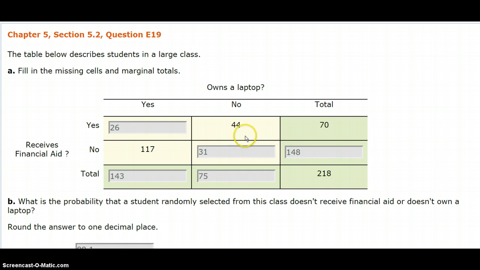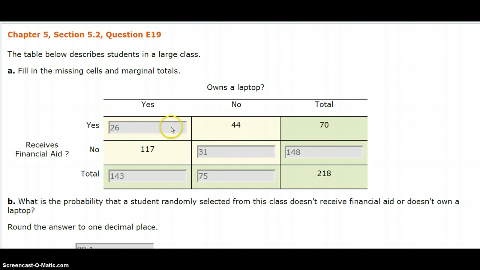Well, first of all, I notice that this blank right here, I have everything in that row except this blank. So I know the total is going to be 70. I know that 70 is going to be whatever this is plus 44. So I can either subtract 44 from 70, or I could set up an equation x plus 44 equals 70. But either way, I can solve to get 26.